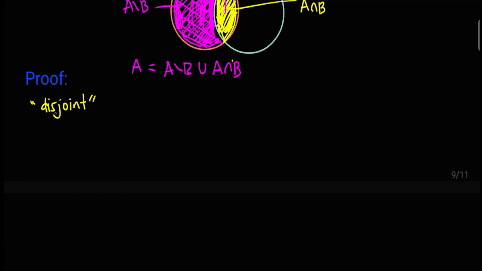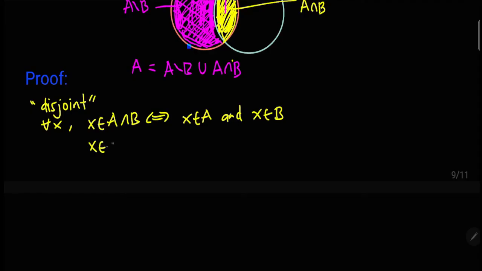So let's see. Now, for every x, what does it mean that x is in A intersection B? Well, that simply means that by definition, x is in A and x is in B. On the other hand, what does it mean for x to be in A except B?